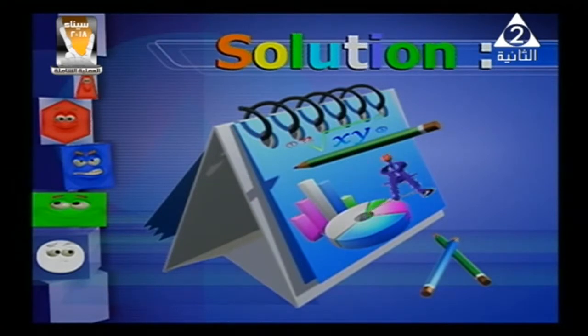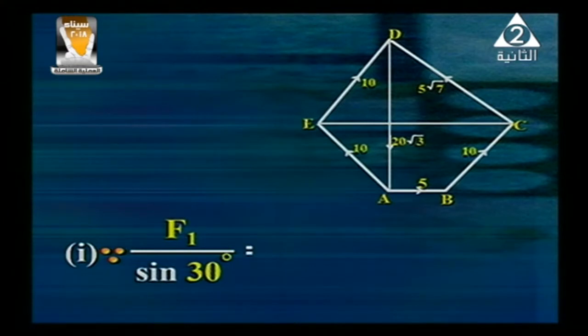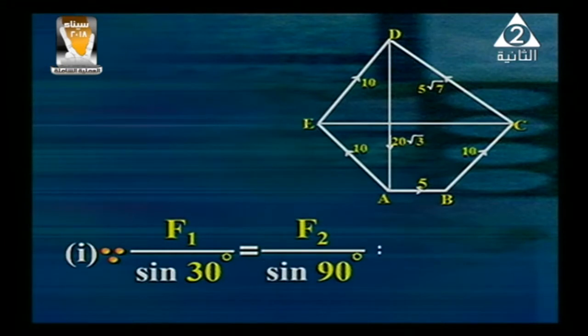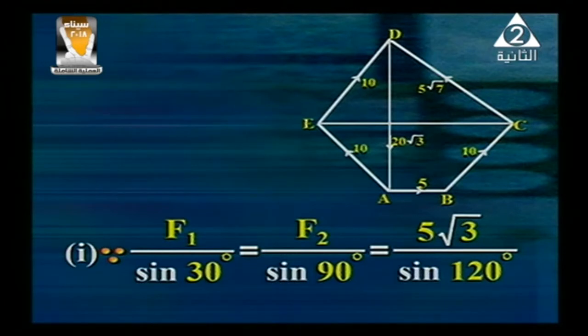Dear student, look at the opposite figure. Since F1 over sine 30 equals F2 over sine 90 equals 5 root 3 over sine 120.